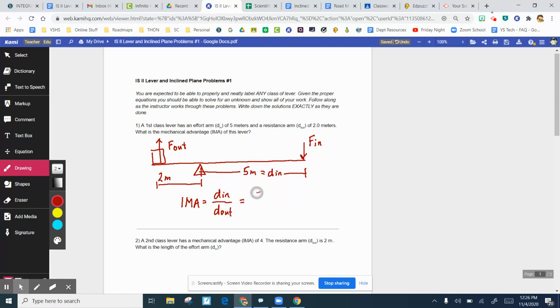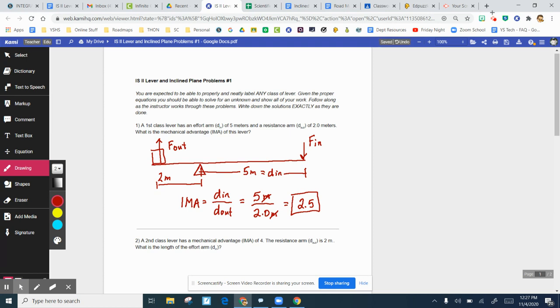So this would be 5 meters divided by 2.0 meters, which equals 2.5. Remember, there are no units. Meters cancel. Mechanical advantage is always given as just a number.